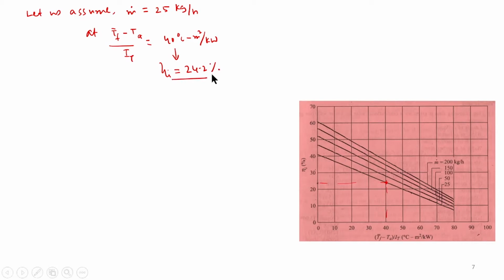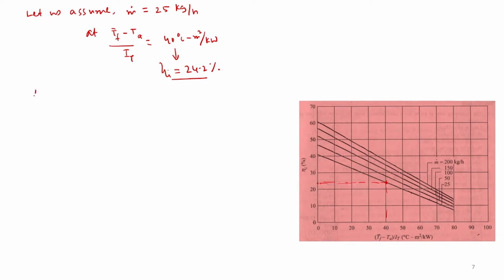If you use a scale and take the point, we get eta I equal to 24.2%. This is the instantaneous efficiency at a mass flow rate of 25 kg per hour.